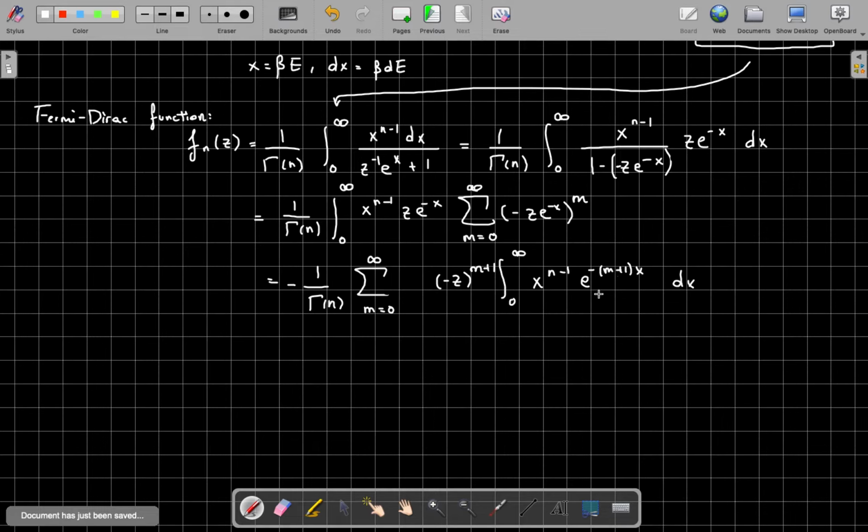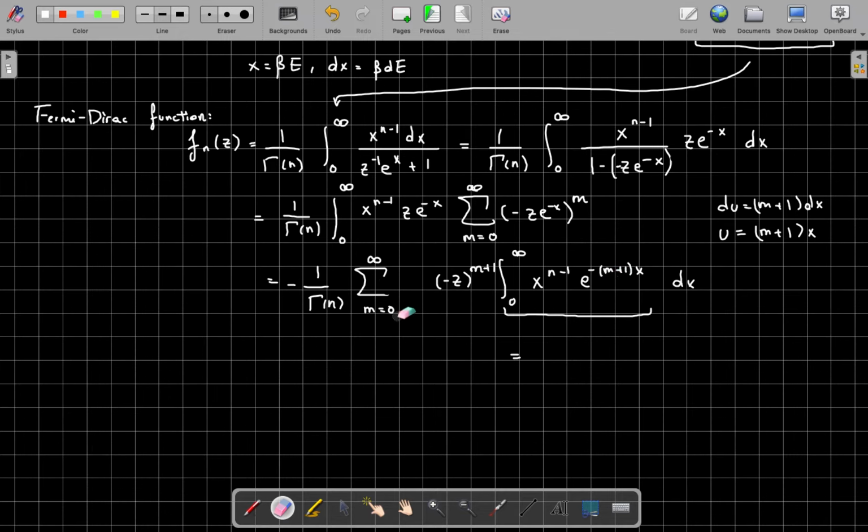And now I can do one last substitution. So I let u be equal to m plus 1 x. So du is equal to m plus 1 dx. So this integral becomes, first I want this sum to change.